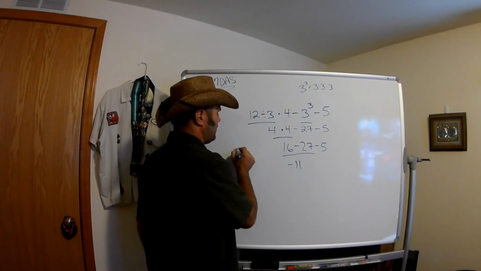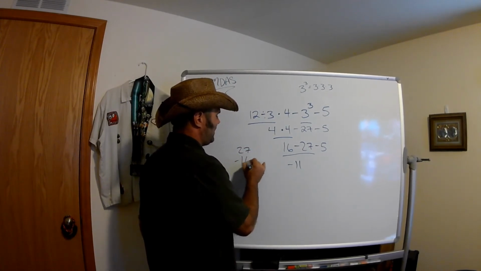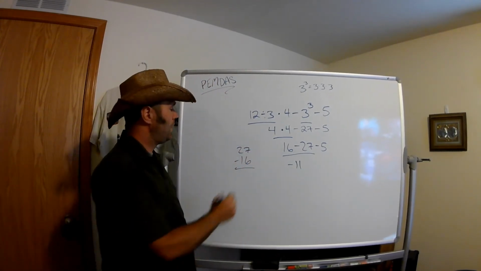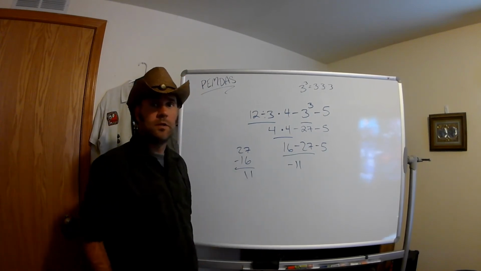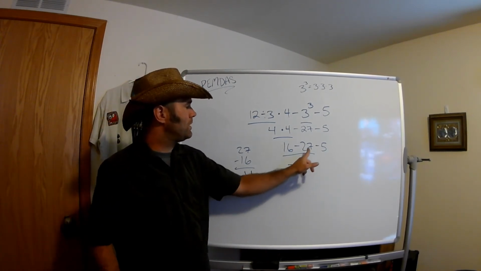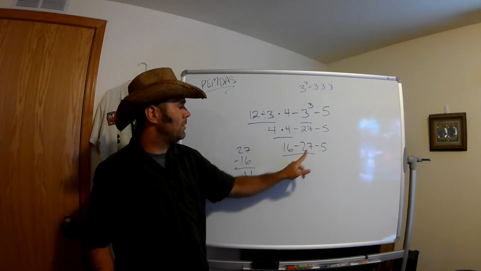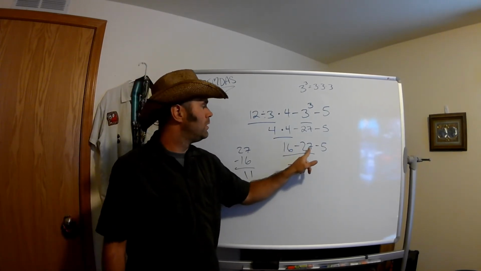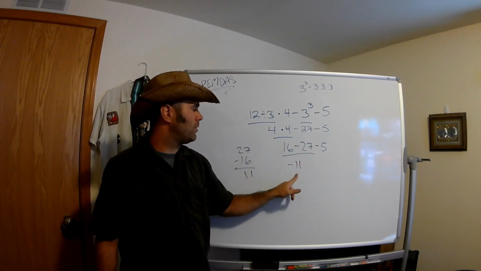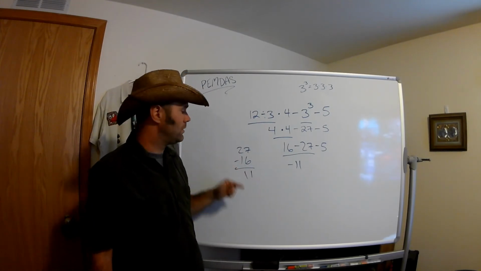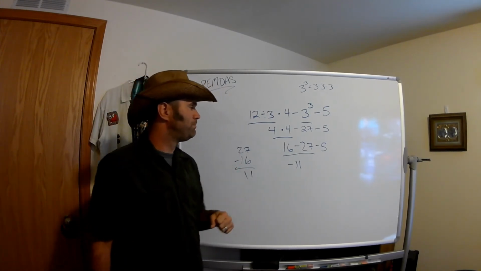So really what I did is I took 27 minus 16, and I got 11. But that 11 is a negative because the 27 is the negative number, 16 is the positive number. We've got a bigger negative than a positive. So when we subtract the two numbers from each other, we get a negative 11.